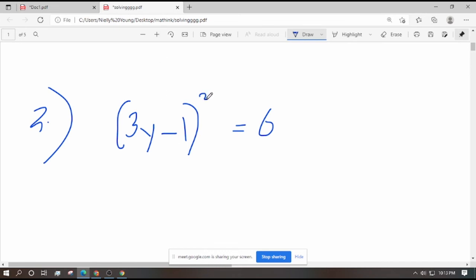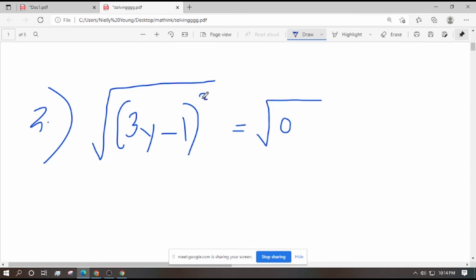Now, to remove the square here, take the square root of both sides. I will make this clear as 0. So, you squared this, so you also take the square root on the right side. Okay?